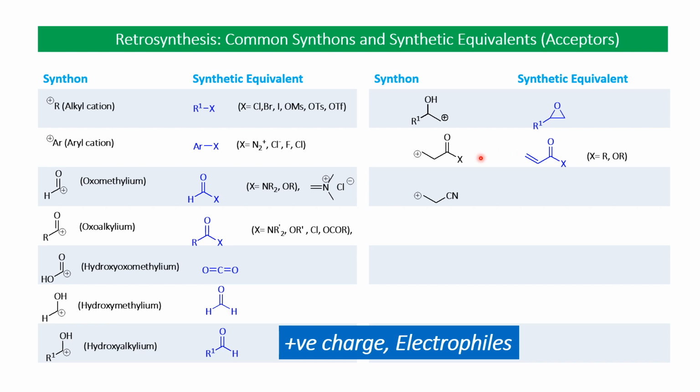Or a nitrile would have an unsaturated species like this, and so on. These are positively charged synthons, and therefore we will need electrophilic species to work with to give us the synthetic equivalent.